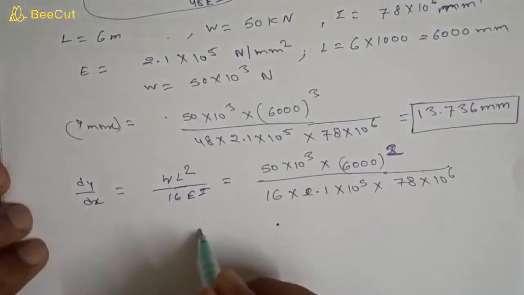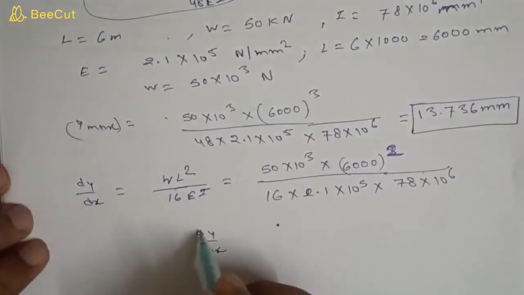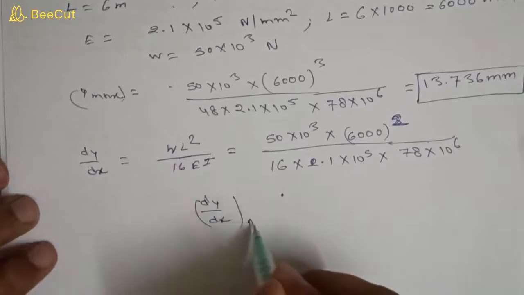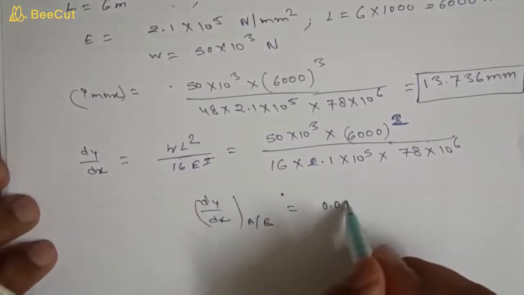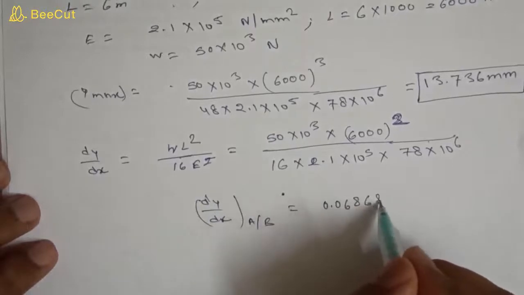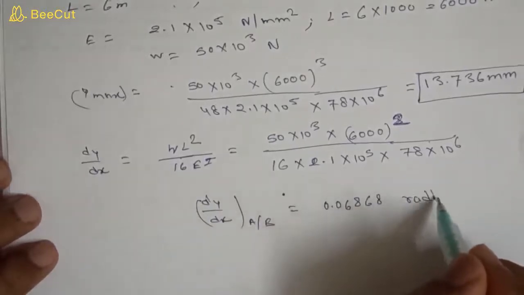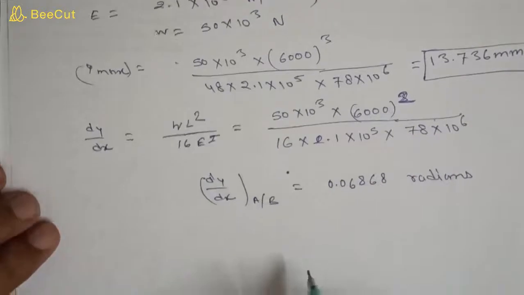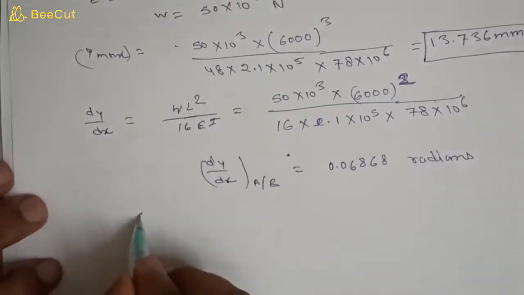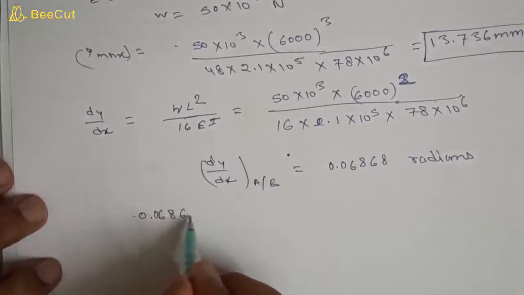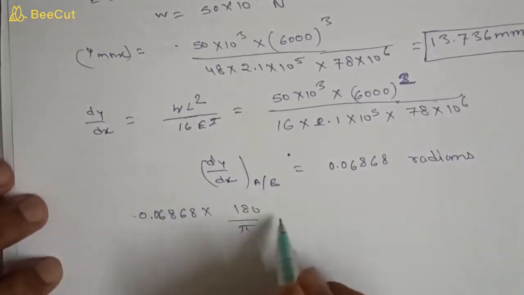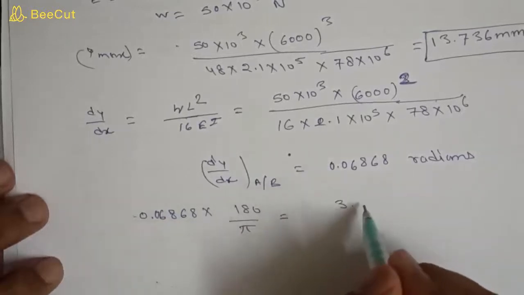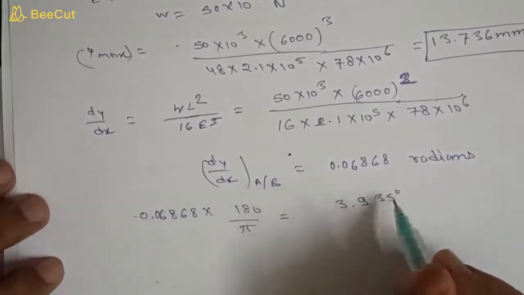So dy/dx at A or B will be equal to 0.06868 radians. And if you want to calculate in degrees, then you can multiply by 180 upon pi. If you do that, you will get 3.935 degrees.